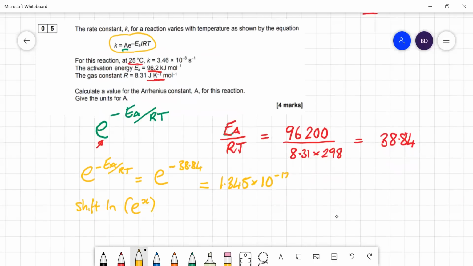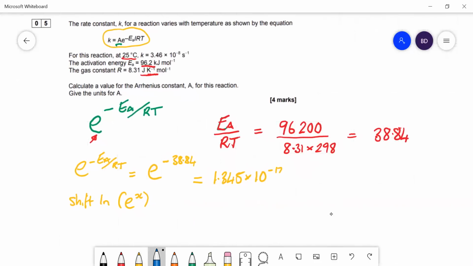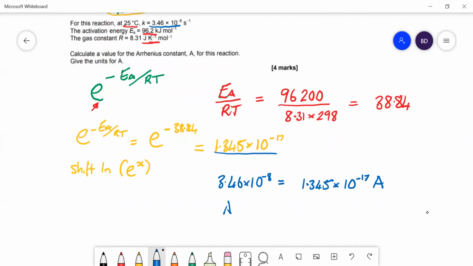So k, they tell us, is the rate constant, 3.46 times 10 to the minus 8, is equal to this number, 1.345 times 10 to the minus 17, multiplied by A. So A, we just rearrange: A is equal to 3.46 times 10 to the minus 8 divided by 1.345 times 10 to the minus 17.